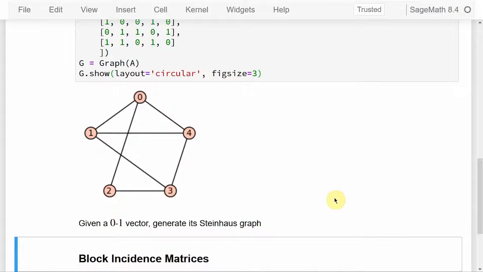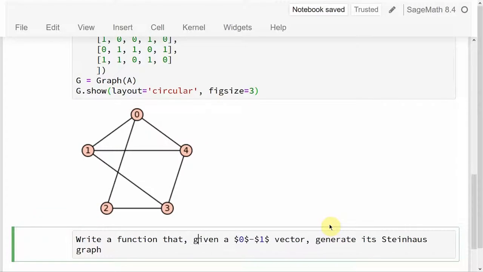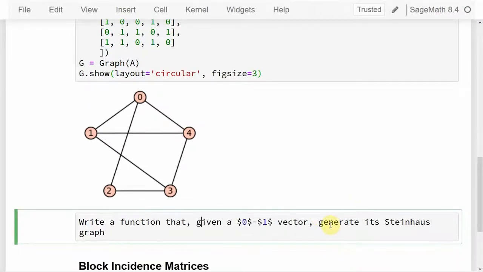Well, write a function for this, of course. Yes, you have to, because that is the definition. The definition is that. Otherwise, you will not get all possibilities.